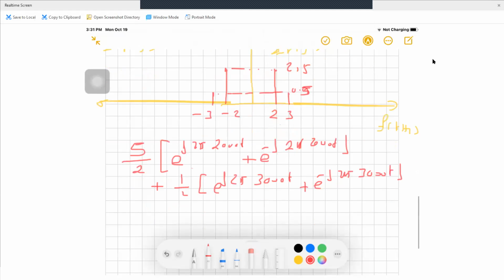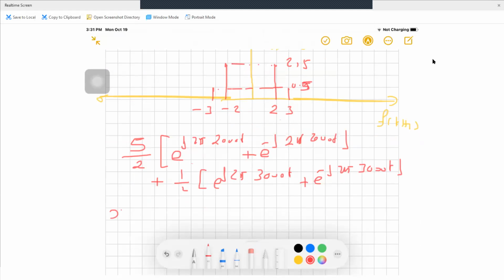Wow. So xr of t will be 5 cosine 2 pi 2000 t plus 1 cosine 2 pi 3000 t. Have you seen? Now x recovered has two components, 2000 and 3000.